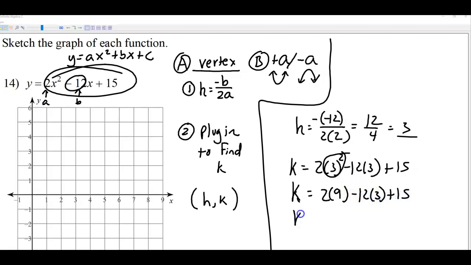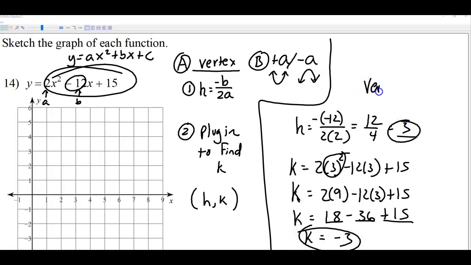Then you can do your multiplication. And then finally you can do your addition and subtraction from left to right. 18 take away 36 is negative 18. Add 15, you get negative 3. So I've got my k, I've got my h, and therefore I have my vertex, which is (3, -3).